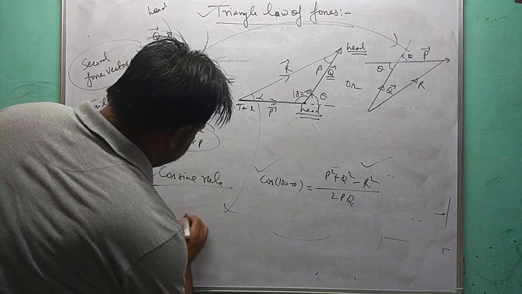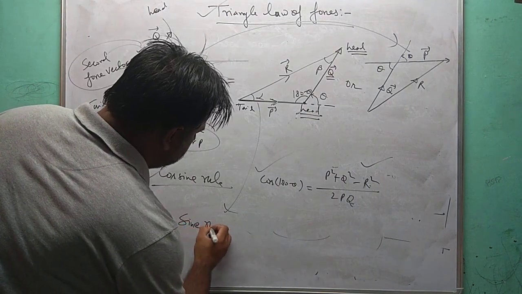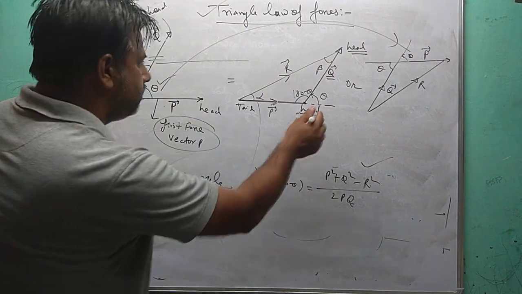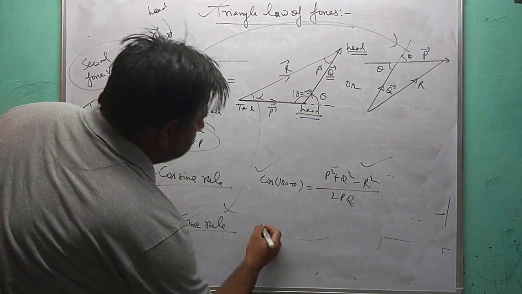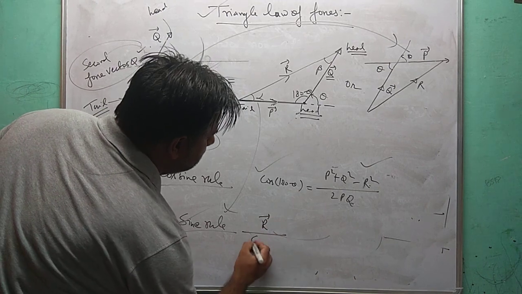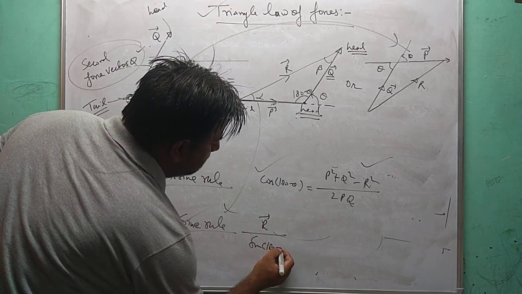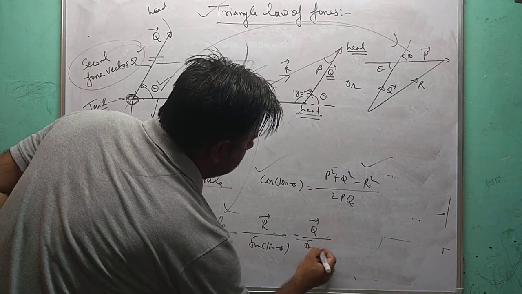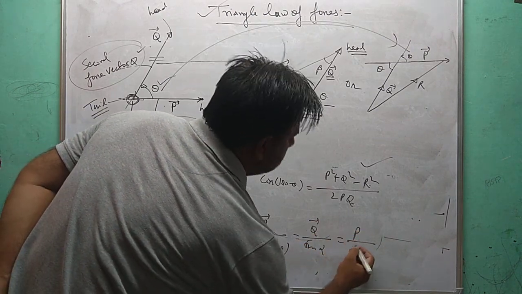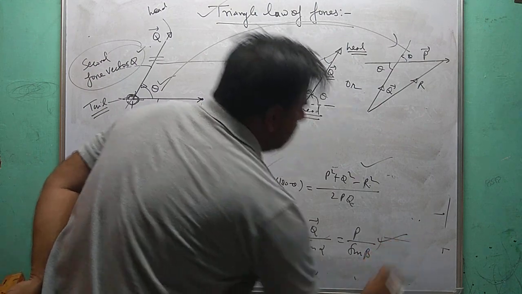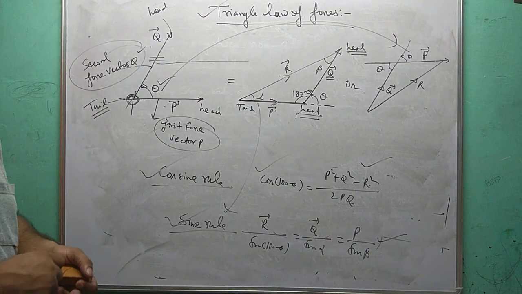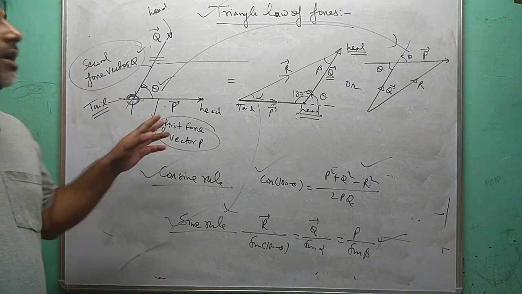So directly you may apply the sine rule also if you know the angles alpha and beta with the theta angle. Then R over sine(180 minus theta) is equal to Q over sine alpha and P over sine beta. So in this way you may calculate the resultant of two non-collinear and concurrent forces.